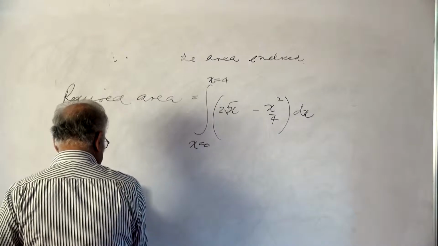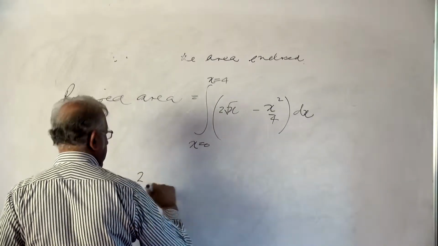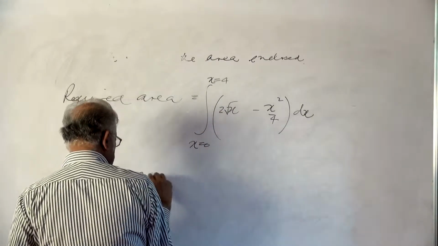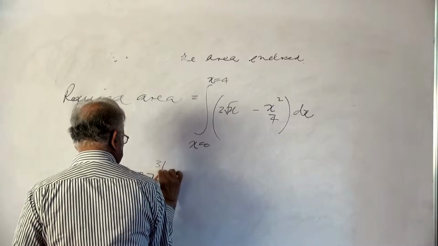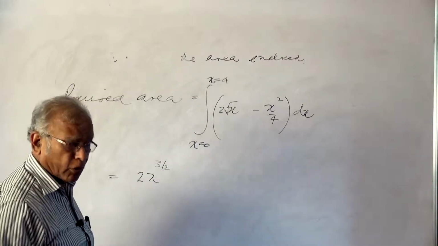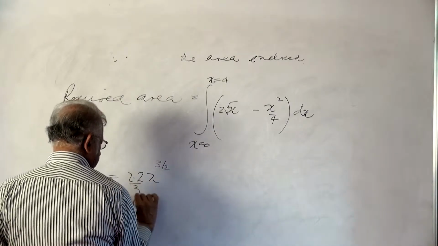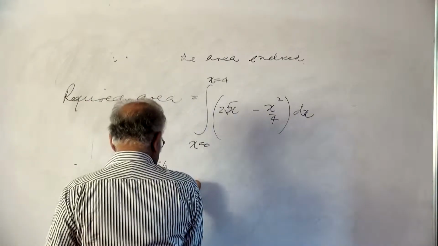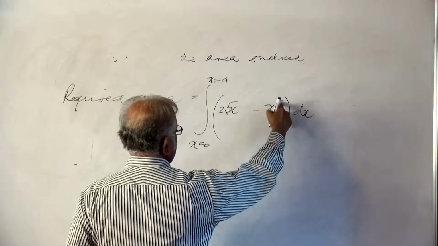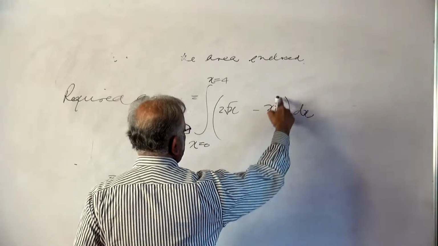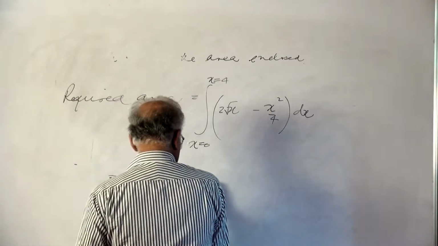This becomes equal to 2 times root of x will integrate to x to the power of 3 by 2 divided by 3 by 2. So we will multiply it by 2 by 3, minus x square by 4 will integrate to x cube by 12.